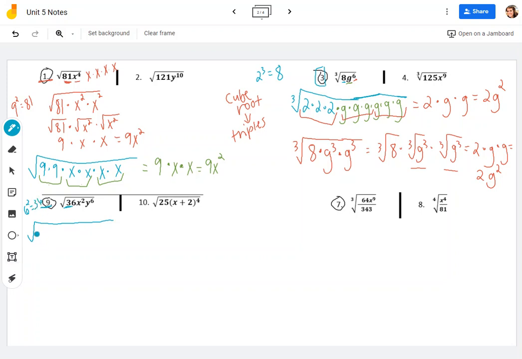We've got a perfect square here. So I'll go ahead and write out the long way. We have 6 times 6. X squared is 2 x's. And then y to the 6th would be 6 y's.